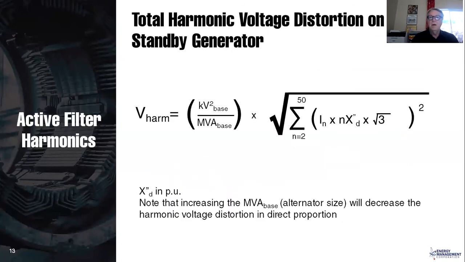This is a harmonic voltage calculation on a standby generator. And the only thing I want to mention here is this X double prime sub D. X double prime sub D is the subtransient reactance of the alternator on a generator. That is typically in the 12, 13, 14, 15% area.